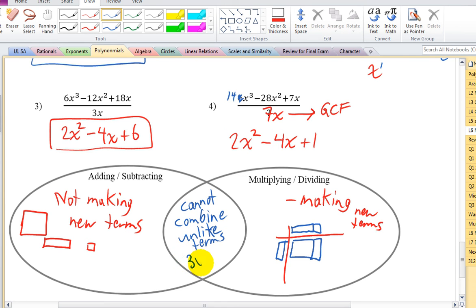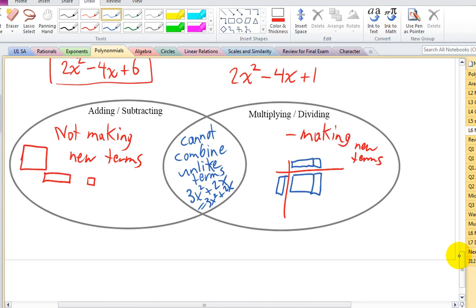So 3x squared plus 2x equals 3x squared plus 2x. You can't put those together. Any questions?